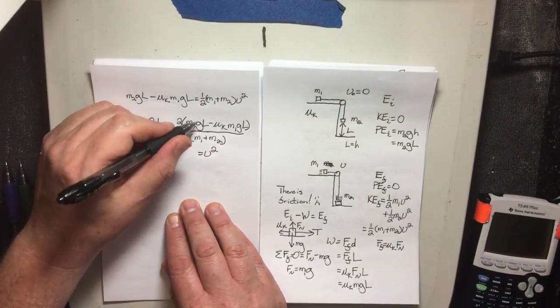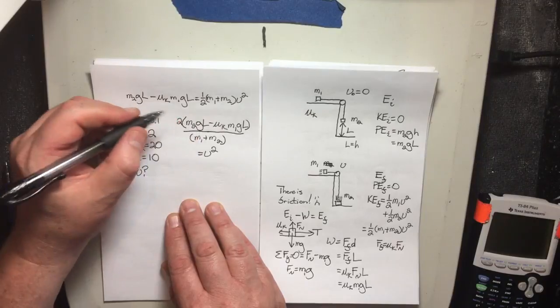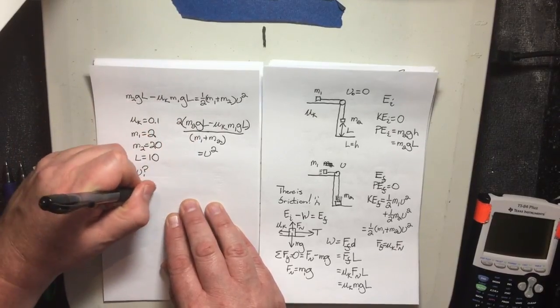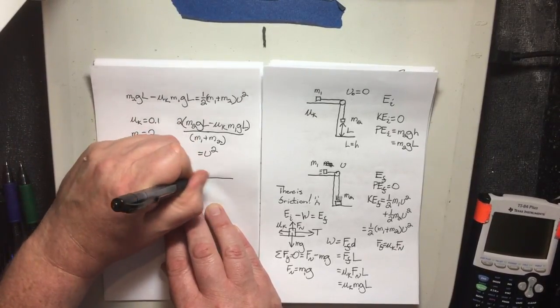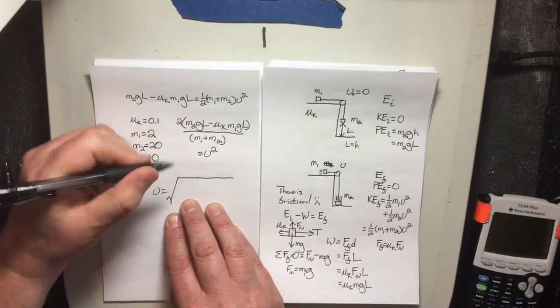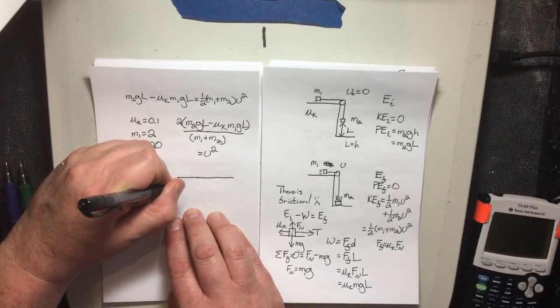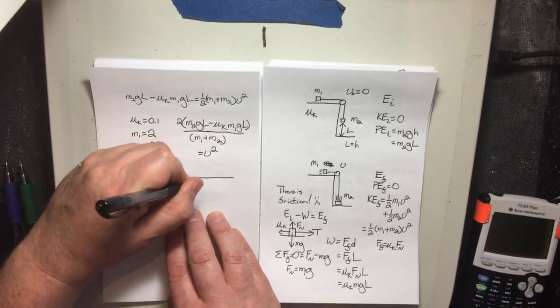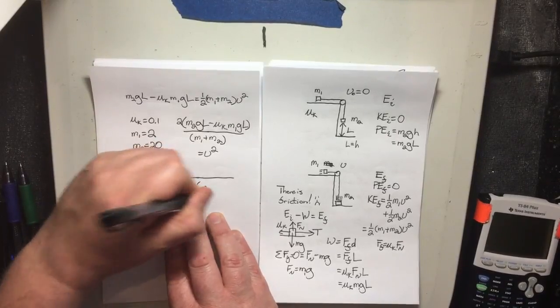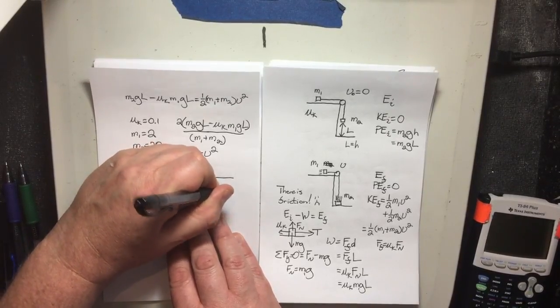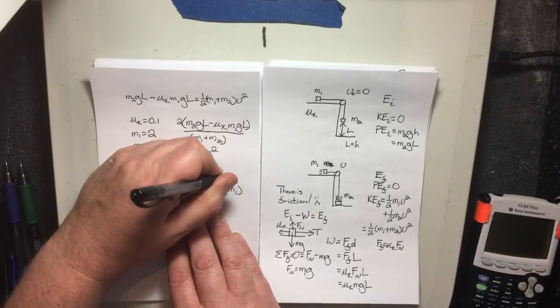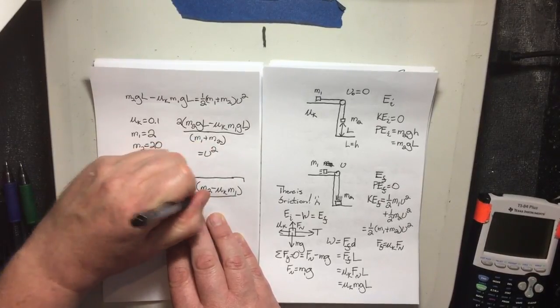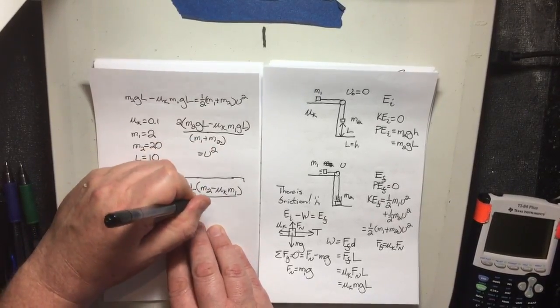Take a square root. I'm going to factor out a G and an L. So V becomes the square root of 2GL times M2 minus mu sub K M1 over M1 plus M2.